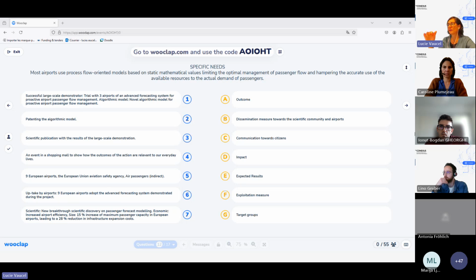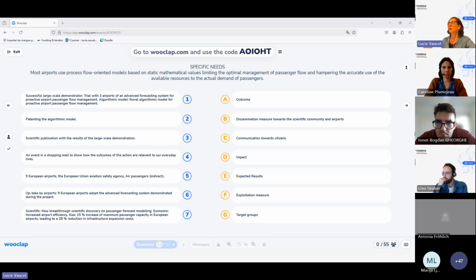Now you have 7 definitions or solutions provided that you have to match with a specific term. So, for instance, the first one: successful large-scale demonstrator trial with 3 airports of an advanced forecasting system for proactive airport passenger flow management, a novel algorithmic model for proactive airport passenger flow management.